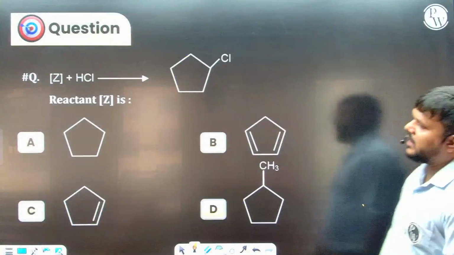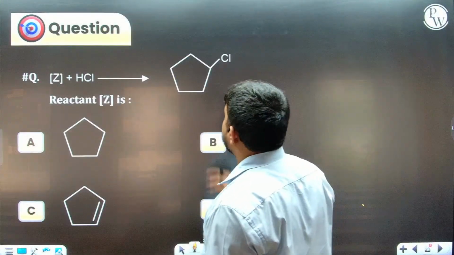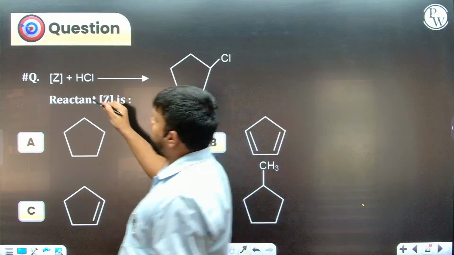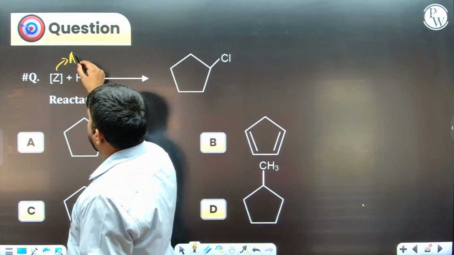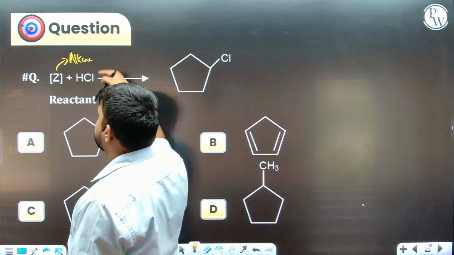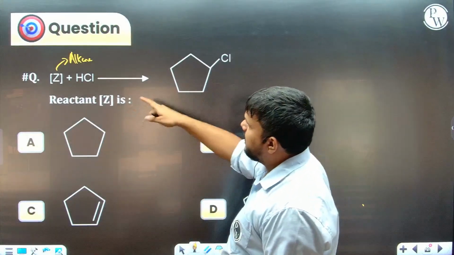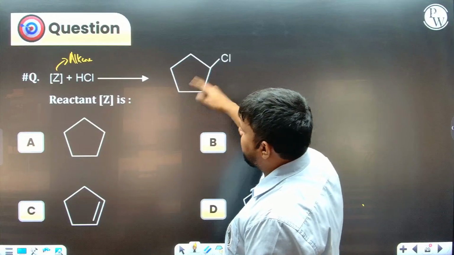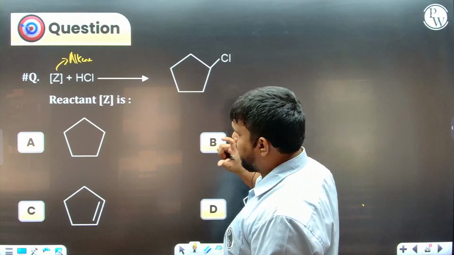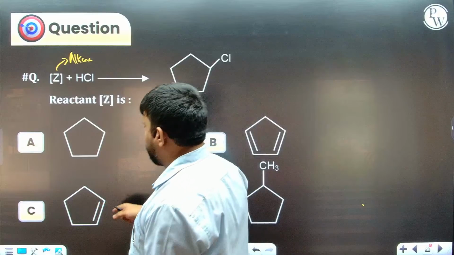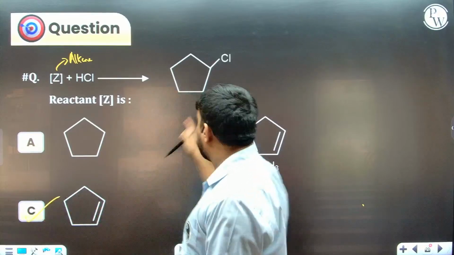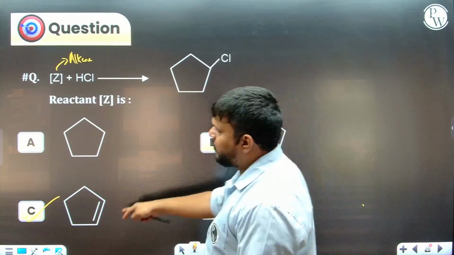Like this question they are asking, Z plus HCl giving this. So basically it will be alkene and addition of HCl has taken place by Markovnikov rule. So it will be having the cyclopentene as a reactant. This, because if you add HCl to this, we will get this hydrogen. We can add to any position.